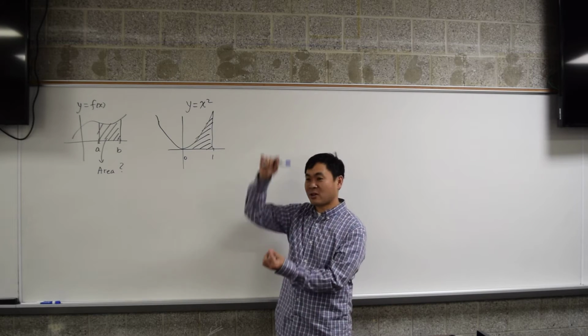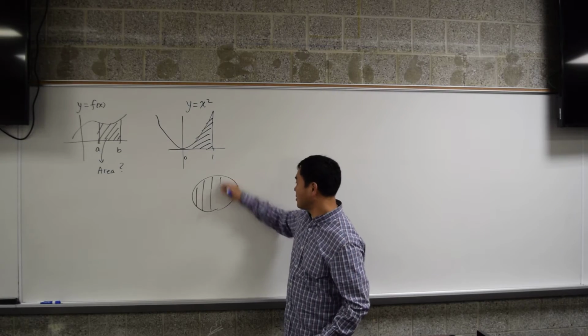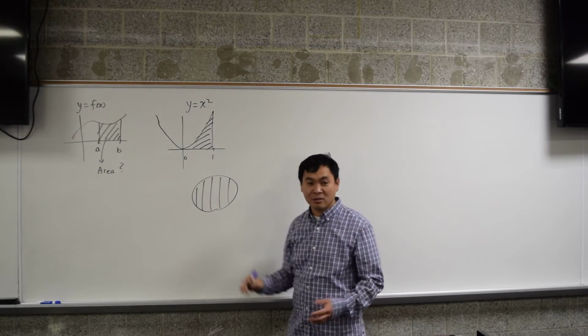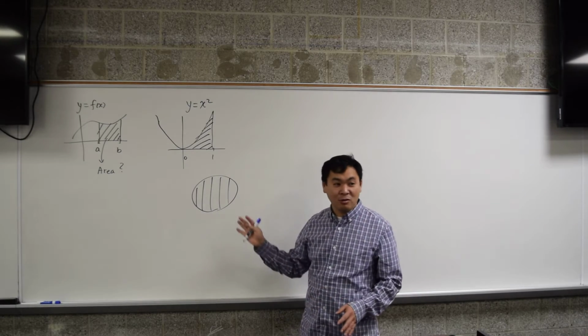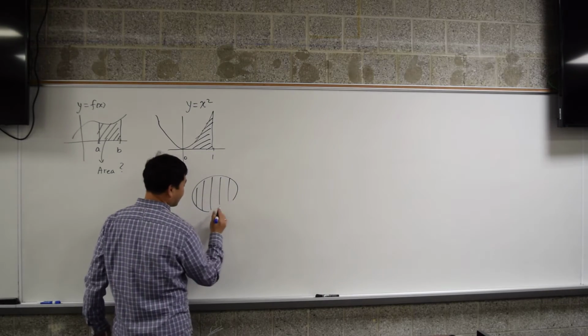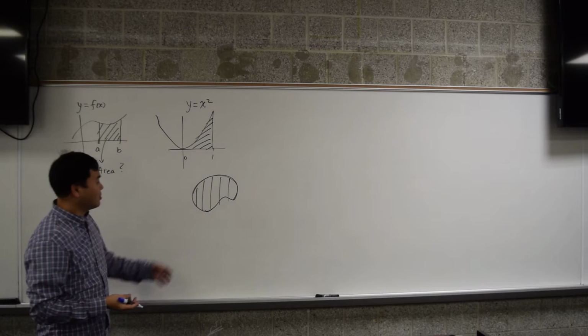Let's say you found these lengths, and you know how far apart they are. Can you find the area of this irregular spot? So let's say it's somewhat like this. What's the area of this hole?